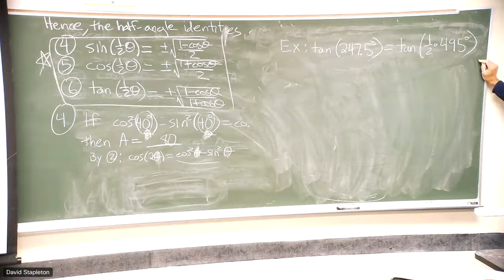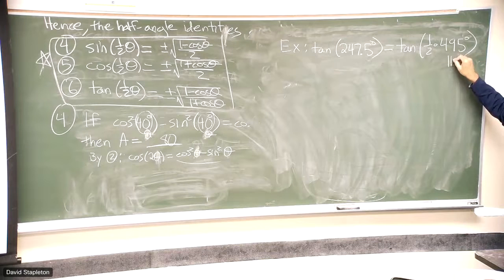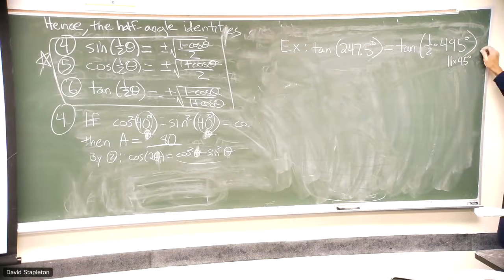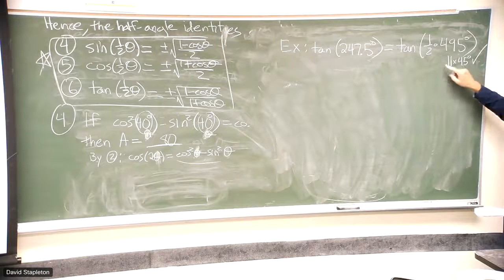Has to be a multiple of 30 and 45. It's not a multiple of 30, but it is a multiple of 45. 45 times 10 is 450. Yeah, it is, right? This is 11 times 45 degrees. It's a special angle. I can do this, right? 1/2 of the special angle.